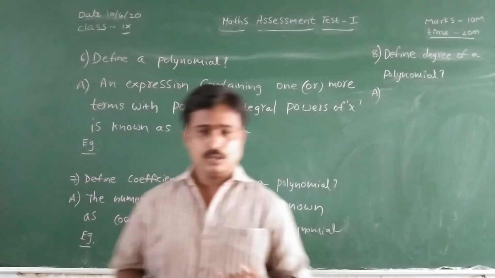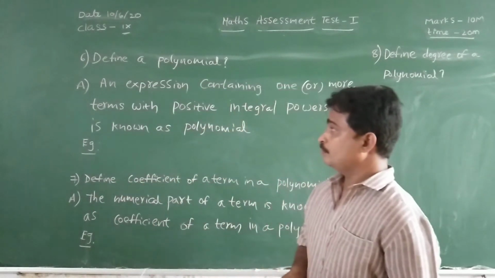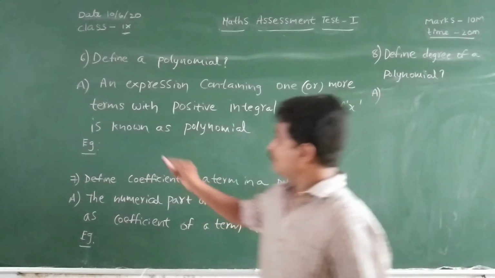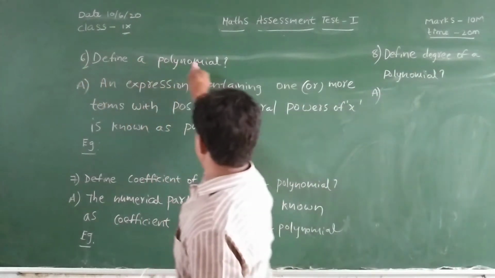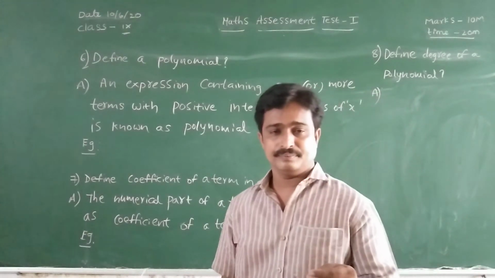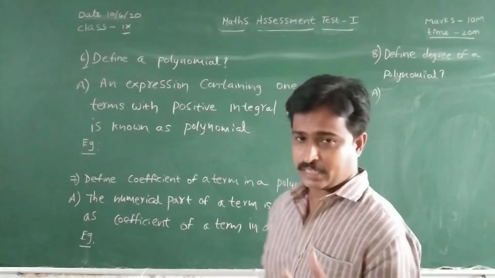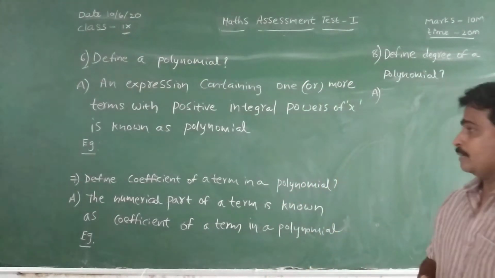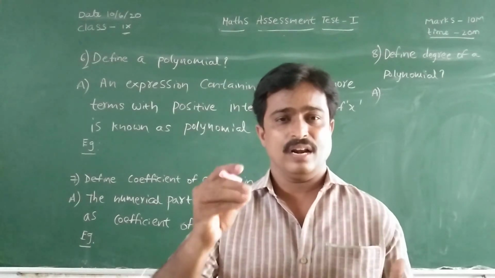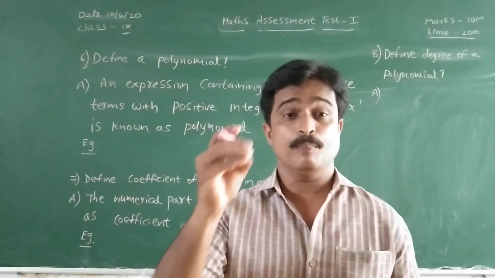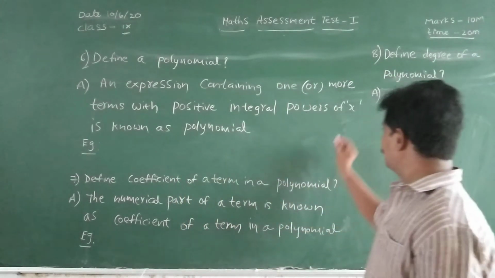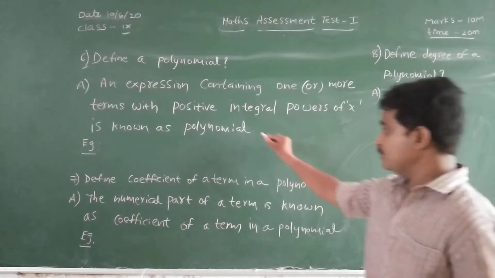Okay, Rama. Coming to section 2, there are 5 questions, like short answer questions and definitions. Question number 6. Define a polynomial. An expression containing one or more terms with positive integral values or integral powers is known as a polynomial.